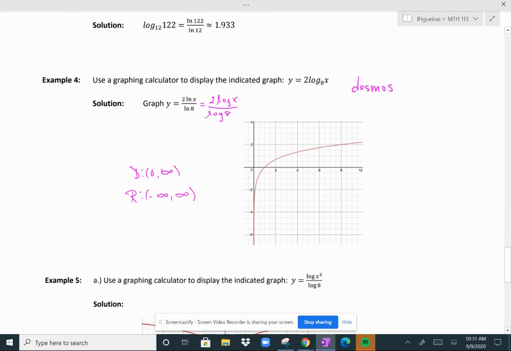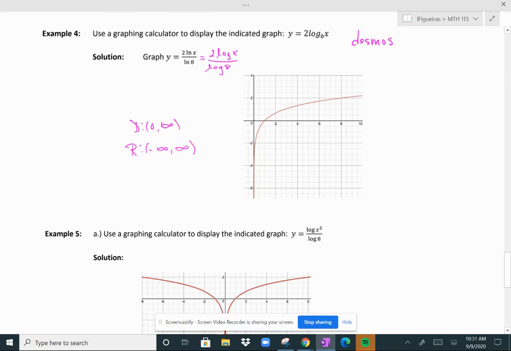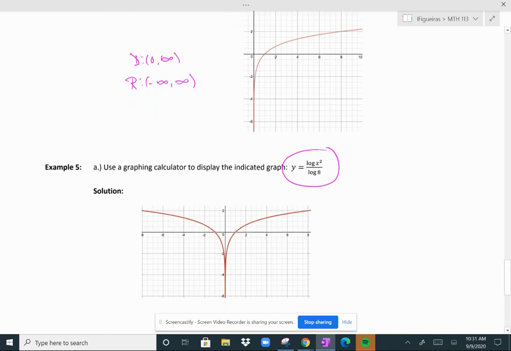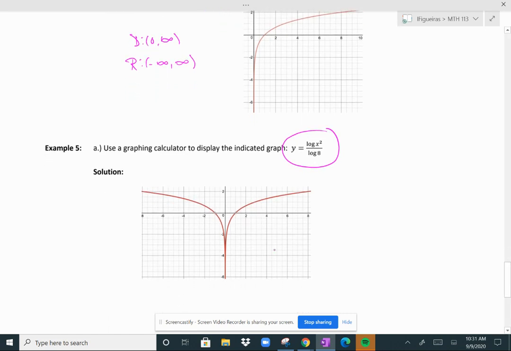Okay, so now let's do a comparison. If we use a graphing calculator to graph this, we don't have to do a change of base because it's a common log. I have y equals log of x squared divided by log of 8. When you graph it, you notice that you have a graph on either side of the y-axis, and that's because of the x squared.